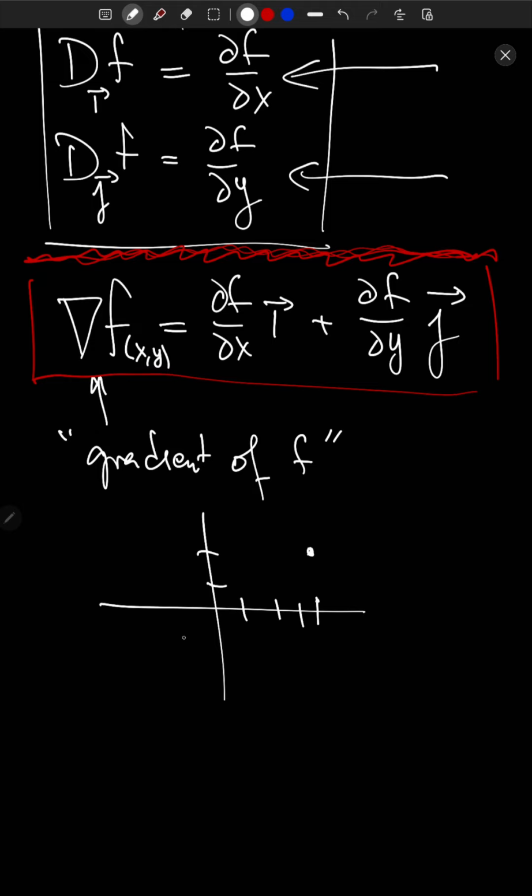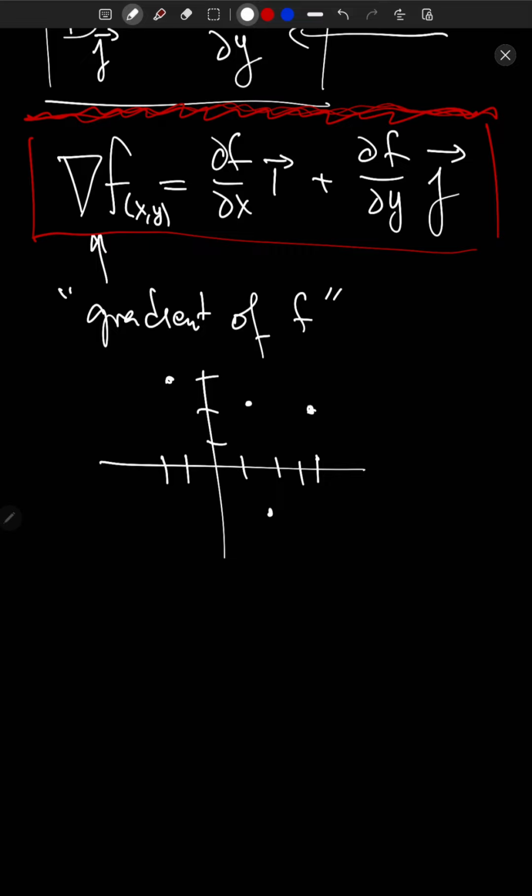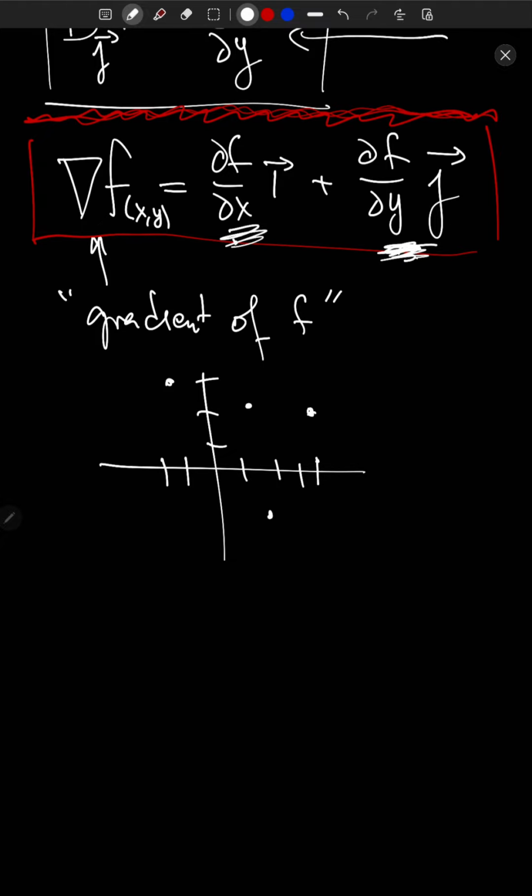If we wanted to calculate it there, we would use these coordinates, -2, 3. So this gradient f quantity is not just a vector, but something where every point on your plane has a vector associated to it, and that vector is df dx i plus df dy j, evaluated at your particular point.